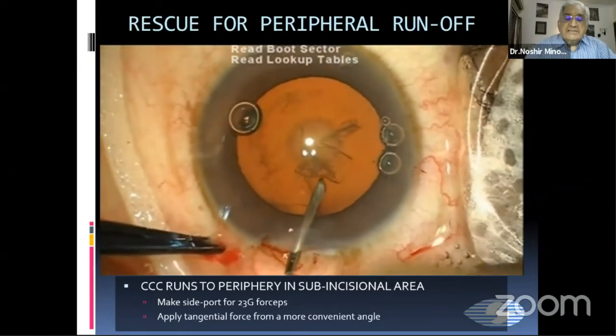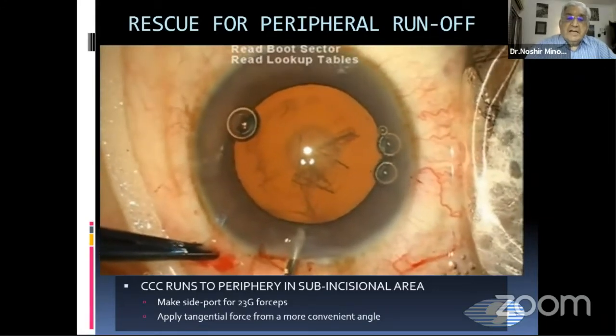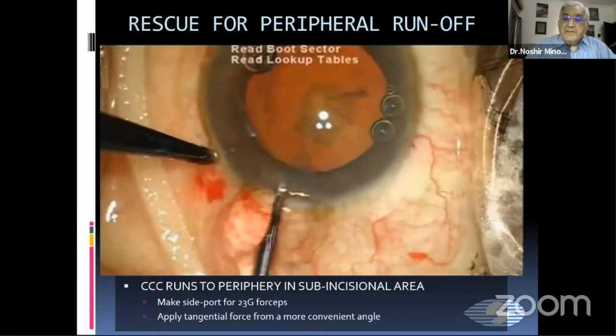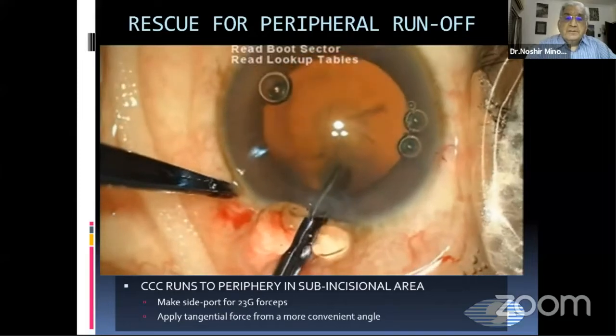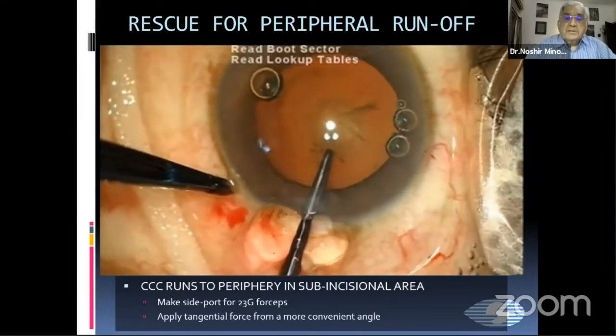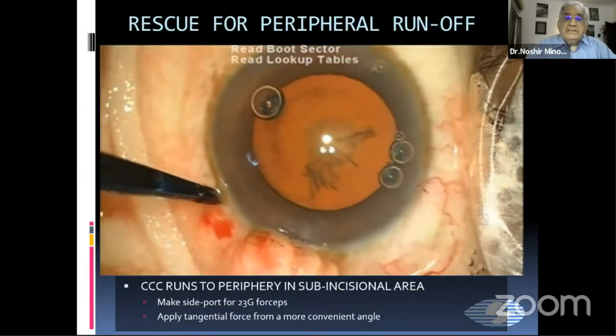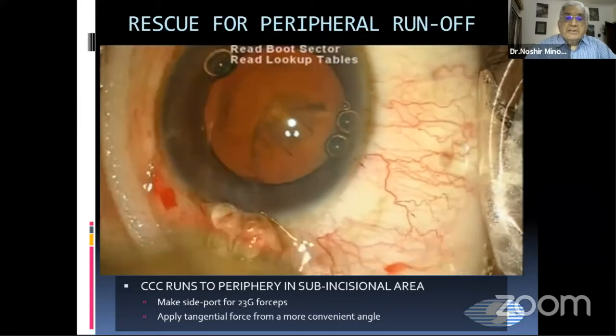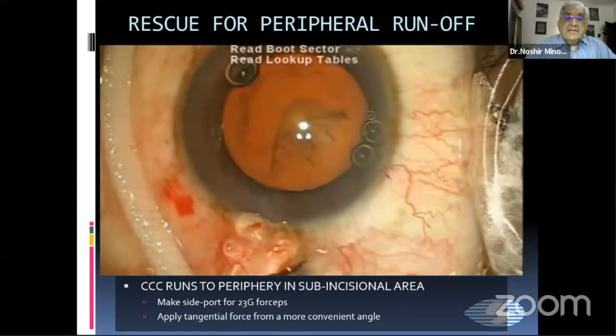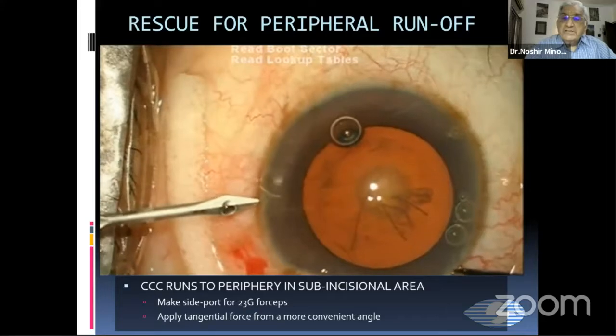So I abandoned this and I tried with the forceps from the main wound. But again, this does not work. So I abandon this again, and then I make a side port incision.